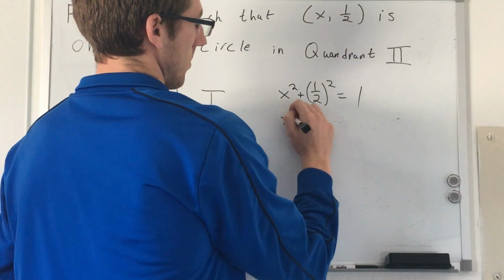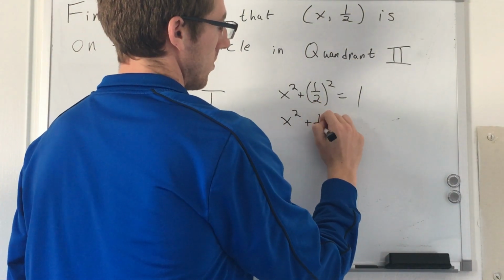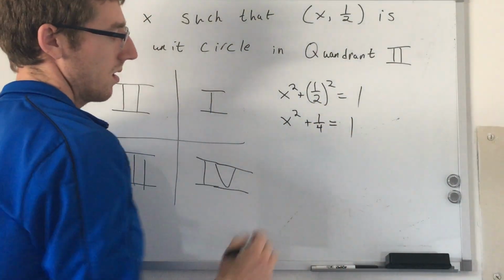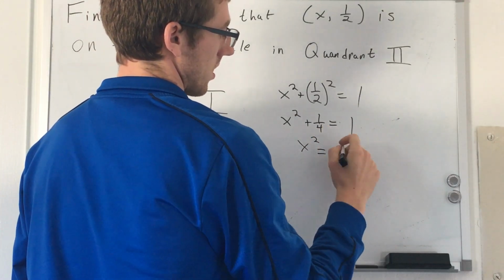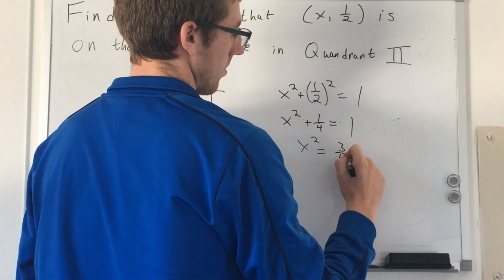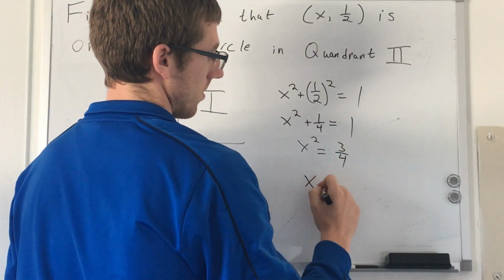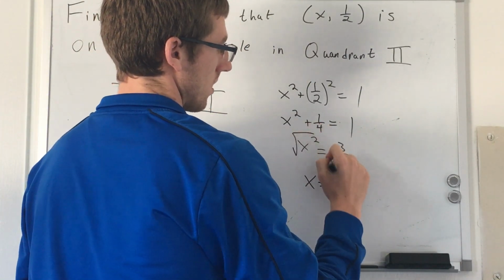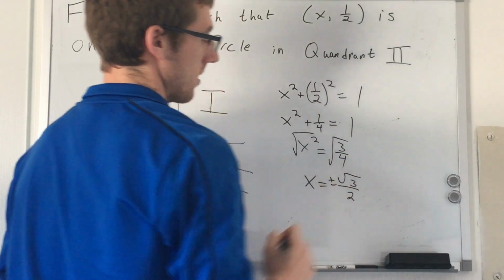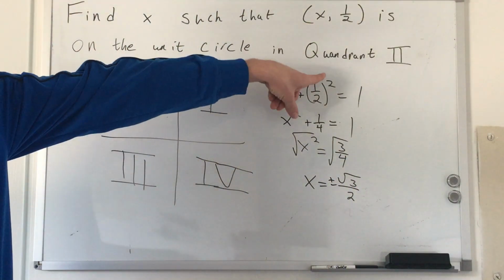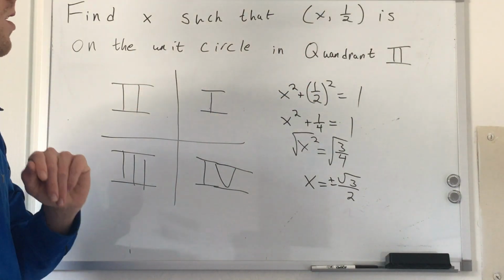So we just solve this. We get x squared plus 1/4 equals 1, or x squared equals 3/4. Then we take the square root and we get x equals √3/2, but we have this plus or minus. That's why we have to specify quadrant 2.